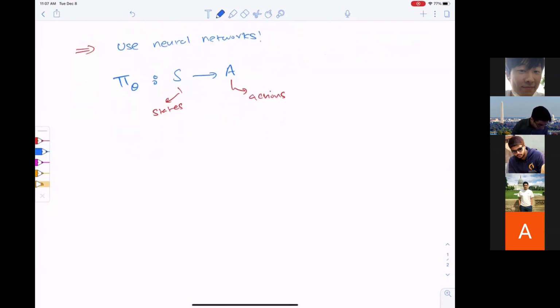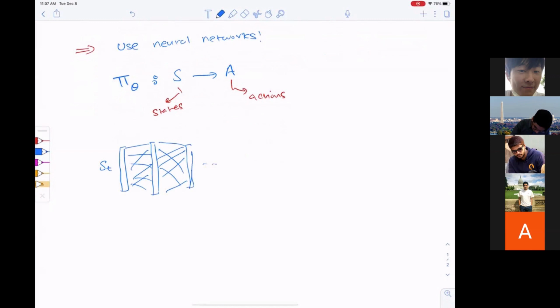So if I want to have a picture, let's say at time t, you are in state s_t. So you have a neural network, and at the end of the day, you are getting an action a_t.